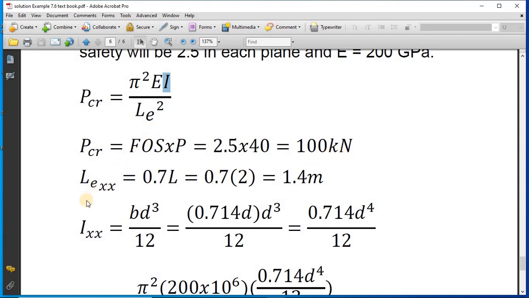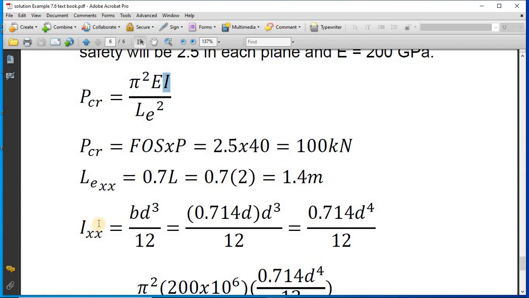For the effective length about the x-x axis, LE is equal to 0.7 L that we defined just now, and by substituting L equal to 2 meters, you can see that LE is equal to 1.4 meters.